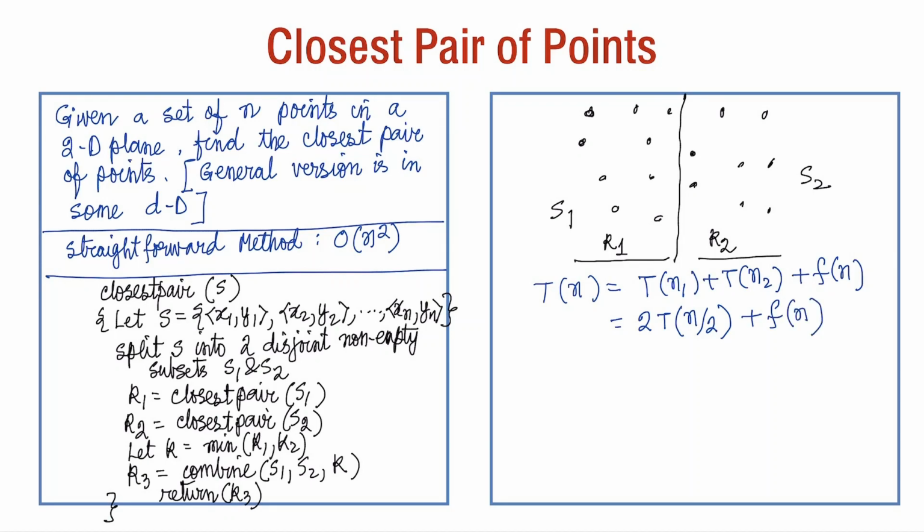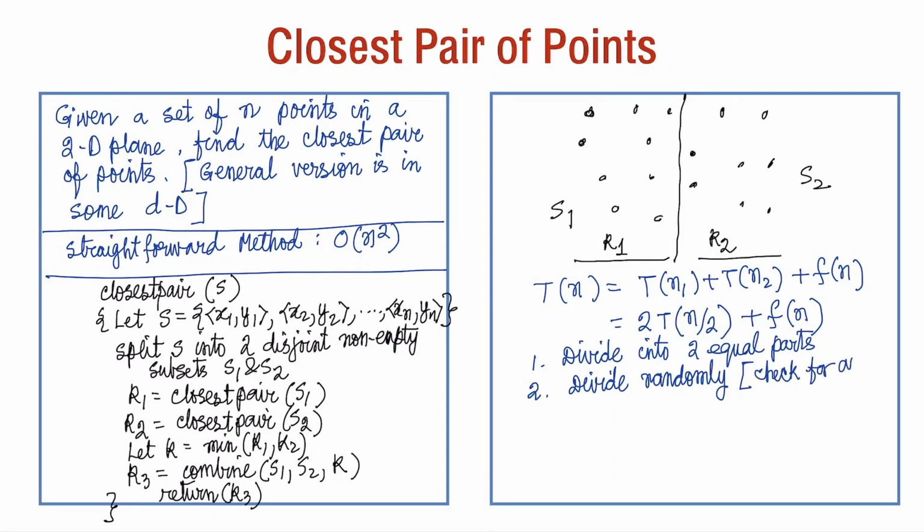Now in order to break this up into two parts, we have the option: one, divide into two equal parts. The second option that we have at our disposal is that we divide randomly, as we have seen in quicksort, and check for the average case.